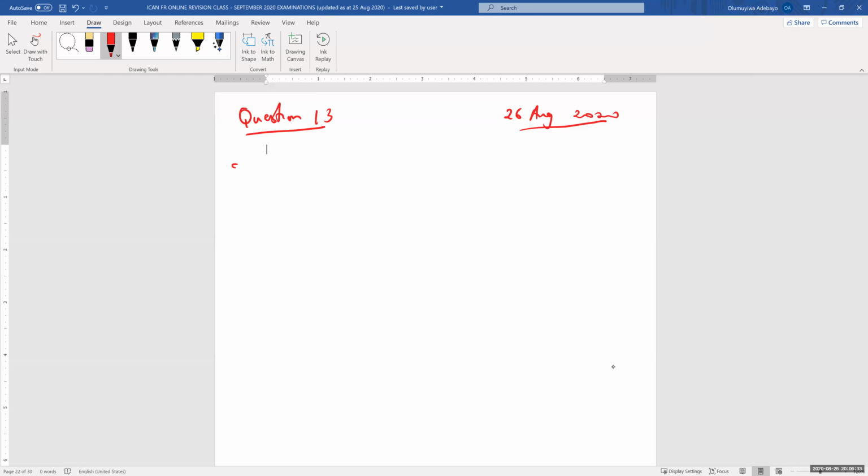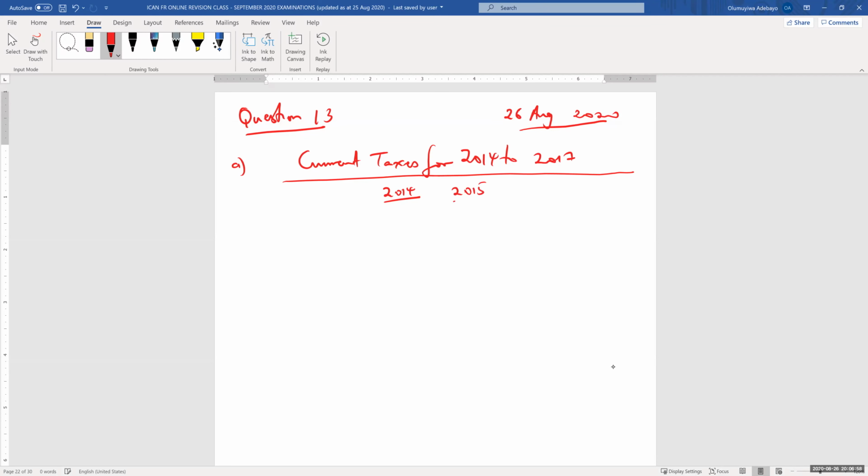Now, A says we should determine the current taxes for 2014 to 2017: 2014, 2015, 2016, and 2017.